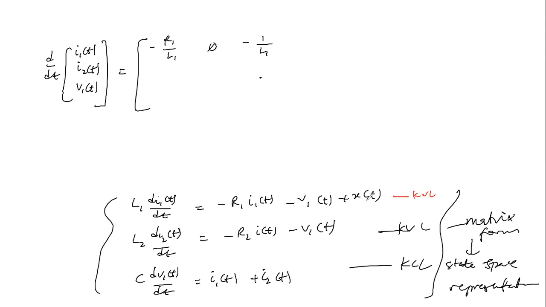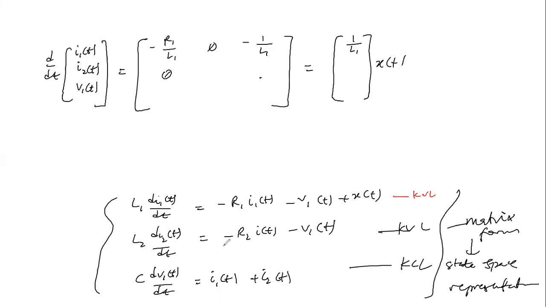So for the input, I'm going to have this. It's equal to all the input parameters, S of t. The S parameter is 1 over L1, right? Because 1 over L1 will be here. For the second row, there is no I1 component here, so this is 0.